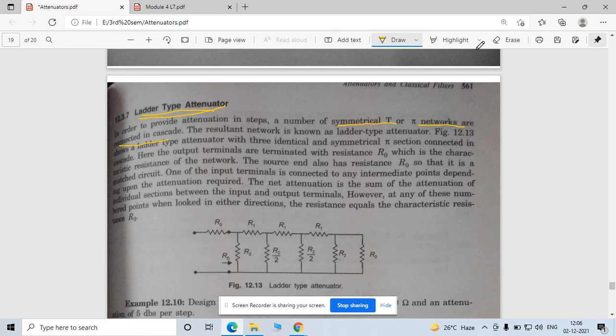Now observe this circuit. This is a pi circuit, connected in cascaded form. This is the first, this is your second, and this is your third. When you separate out this circuit, you will find this R1, R1 and R2, and this is your R2, right? In this one, this is your R2, and this is your R1, this is your R2.